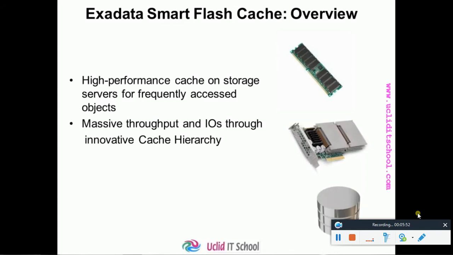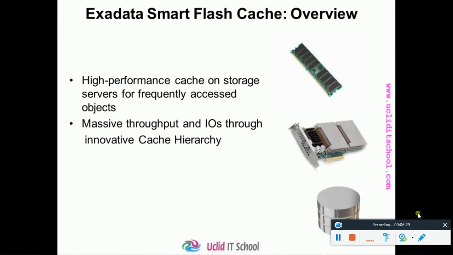Disk storage is good for storage, right? It can store a lot of data, but IO performance is less. Next to disk, you have flash storage. Compared to disk, flash is high performing storage. It supports multiple IOs, but you can store a smaller amount of data compared to disk. And next to flash storage, you have DRAM.